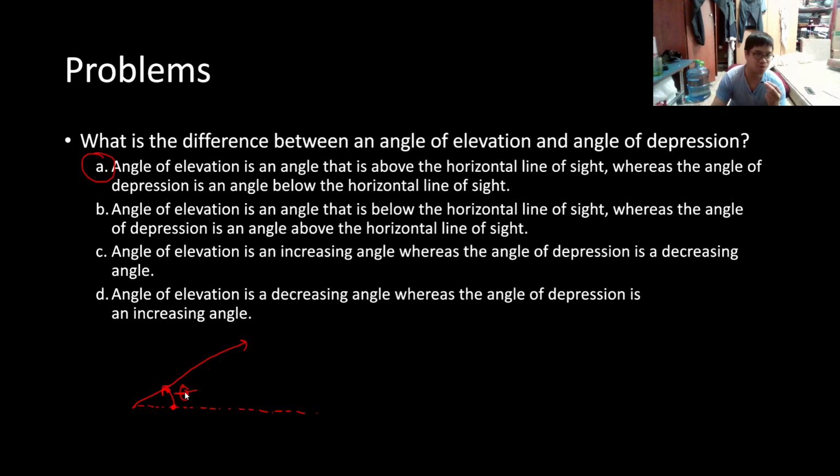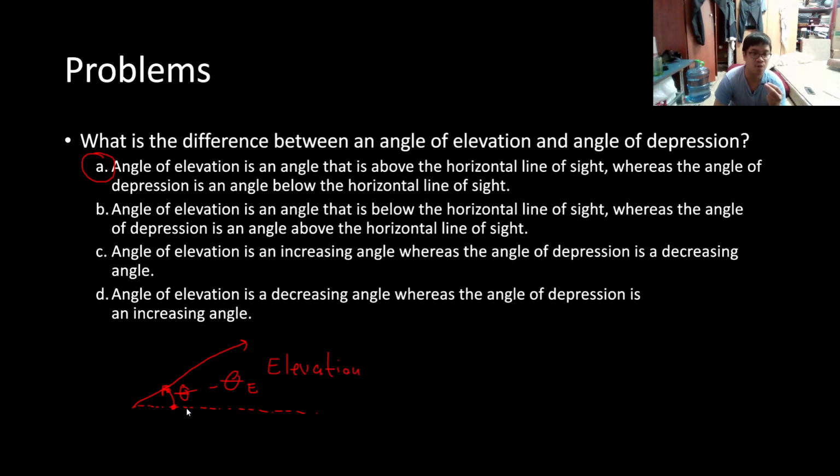Despite how far it goes, it still goes above the horizontal line of sight. So that is your angle of elevation. Or you know what? Just put elevation, much better. So this is the angle of elevation.